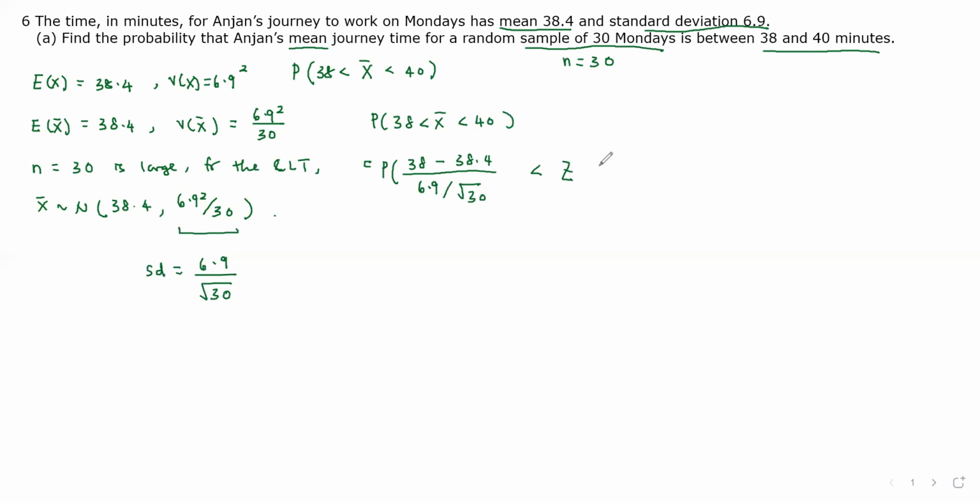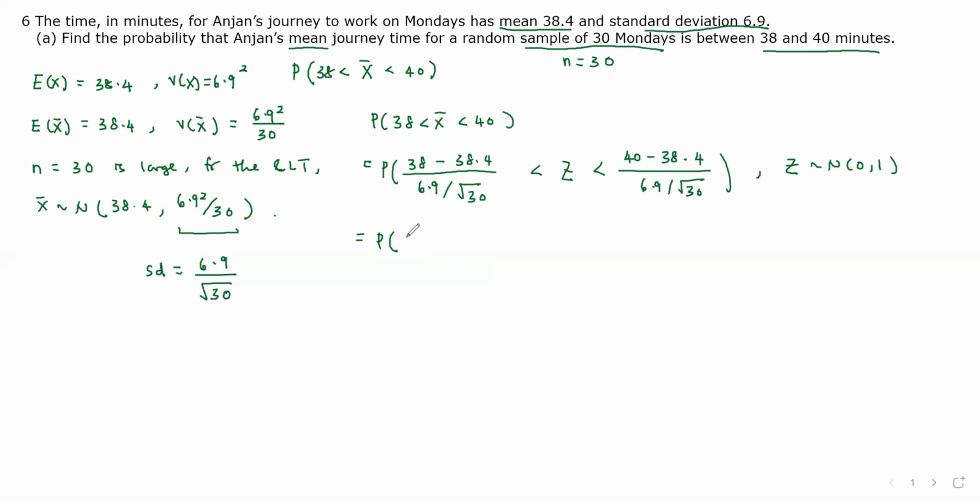This is less than Z. We do the same for 40: 40 minus 38.4 divided by 6.9 over the square root of 30. We know that Z follows a standard normal distribution.